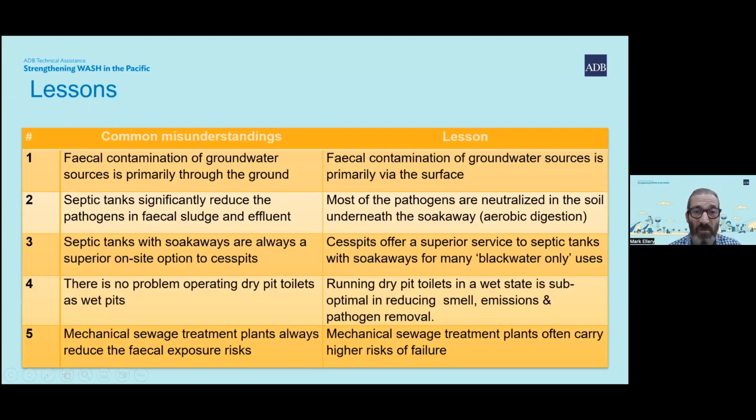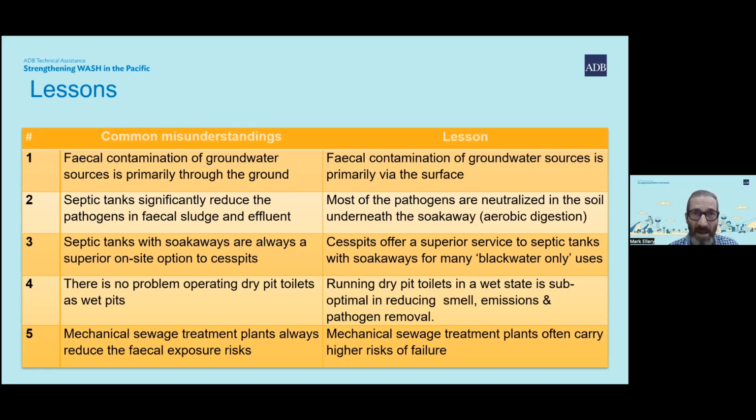Finally, to run through the lessons: fecal contamination of groundwater primarily occurs through the ground, and we know that it also occurs via the surface. Septic tanks do not significantly reduce pathogens. Most of it occurs in the soakaway.